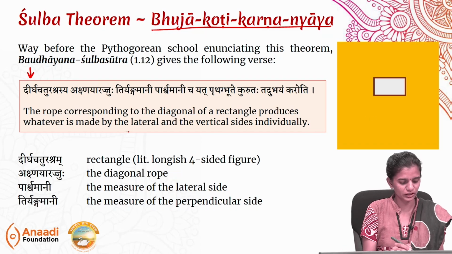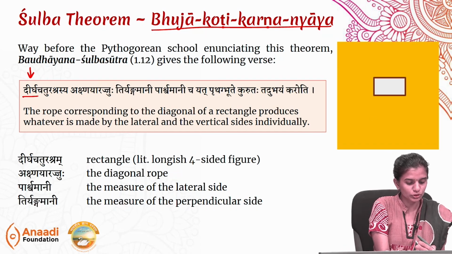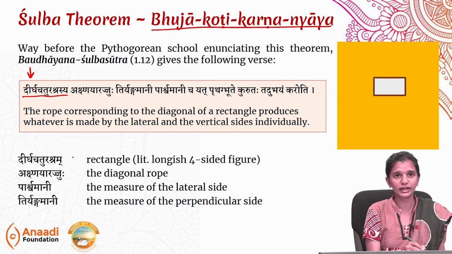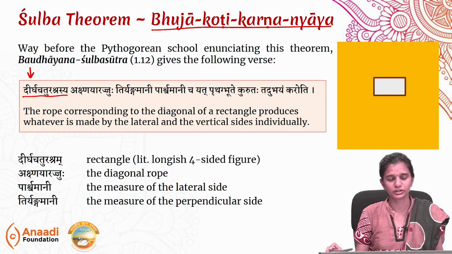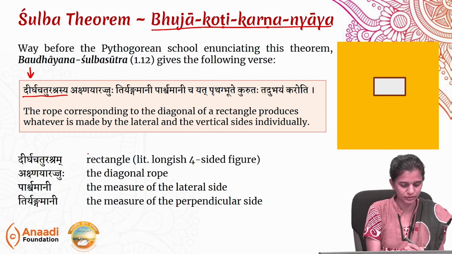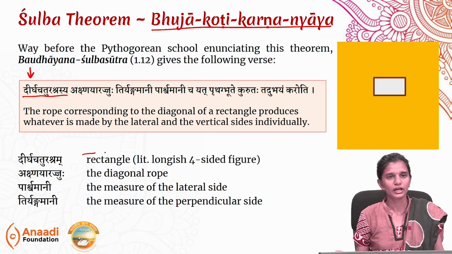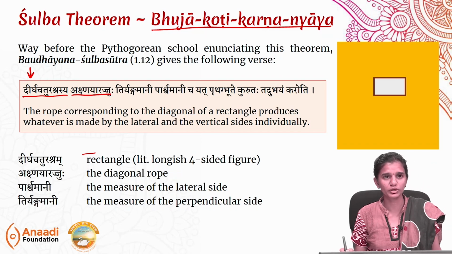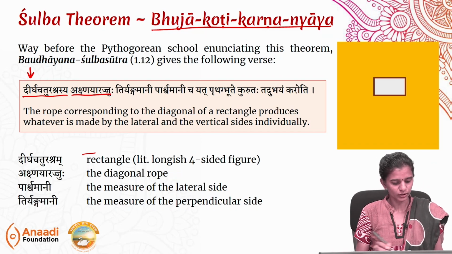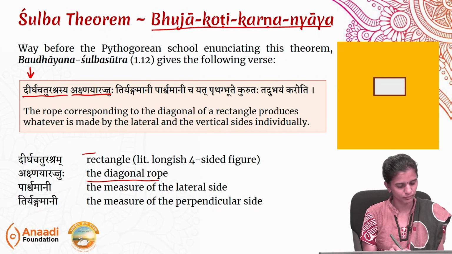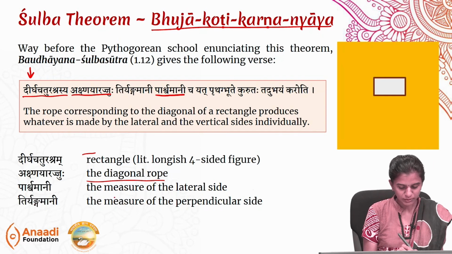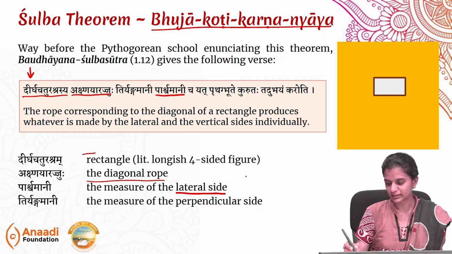What does this mean? Dirgha chaturashram, which means an elongated four-sided figure, that is a rectangle. Akshnaya rajjuhu, which means a diagonal rope. Parshvamani means the measure of the lateral side, that is this.